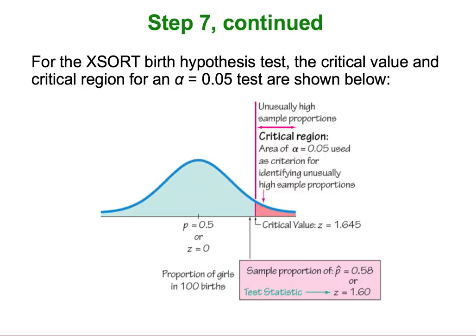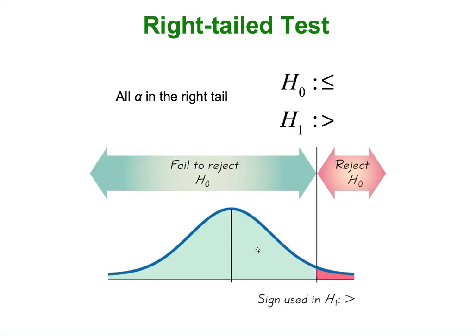So we mark both of these on a graph, which is why I provided you blank graphs on the last sheet there so that you could mark these. Our critical value is 1.645. The test statistic is 1.6, and it's to the left. It's under this blue-green region, which, as we saw earlier, was the fail to reject region.